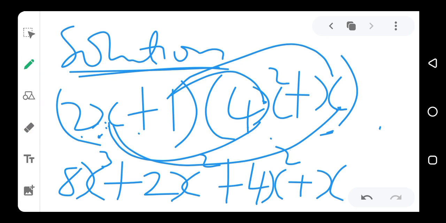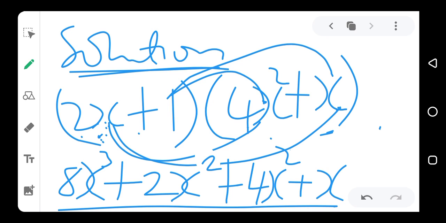Now if there are like terms, we collect them together. The answer so far is 8x raised to the power 3 plus 2x raised to the power 2 plus 4x raised to the power 2 plus x.